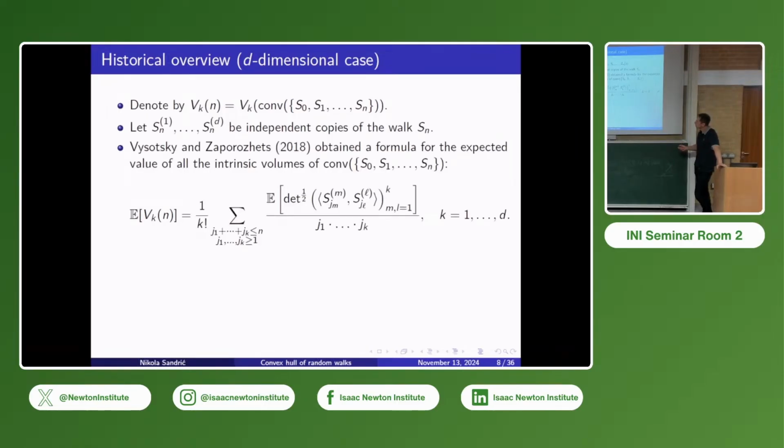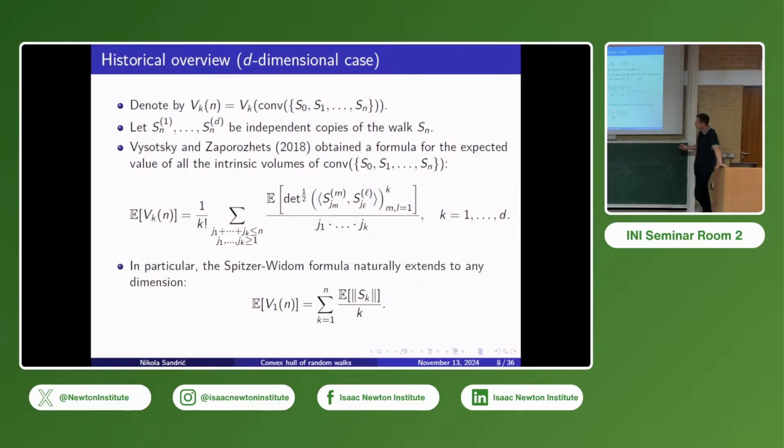So they showed that the expected intrinsic volume can be represented in this way, where these objects here are just independent copies of our original walk. So if you put K equal to 1 here, you will get exactly this thing here. So this Spitzer-Widom formula extends to any dimension, because in the two-dimensional case we had the perimeter here, but the perimeter is 2 times V_1.